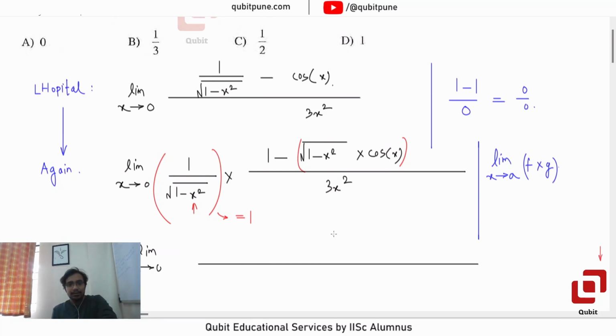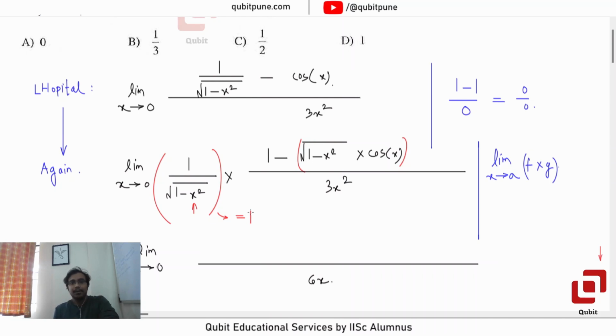What is the derivative of 3x squared now? It will be 6x. Let's now go for the derivatives here. Although we didn't check it for 0 by 0 form, it is indeed 0 by 0, because this is again 1 and this is cos of 0, so that is also 1.